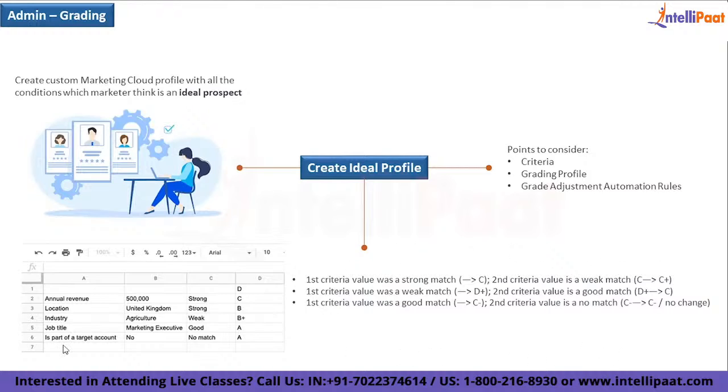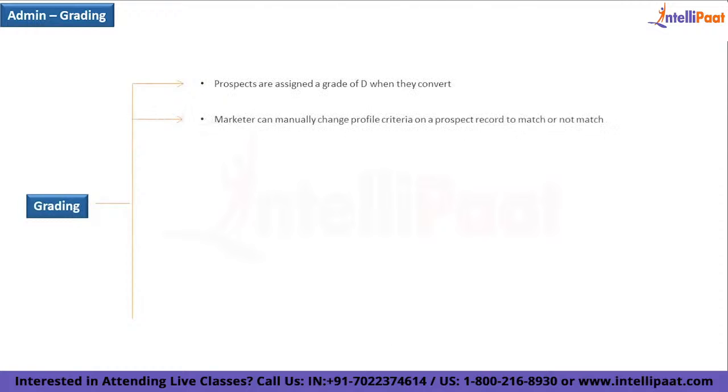So when I say how you want to create your ideal prospect, it takes a little bit of math for us to arrive at a formula. You can always work on it, considering the requirement from the market here. When you are going for grading, there are a couple of points we should always keep in mind. They are assigned a grading of D by default.